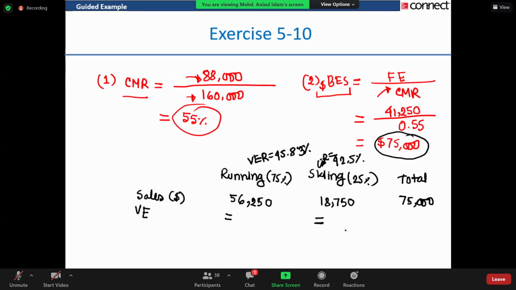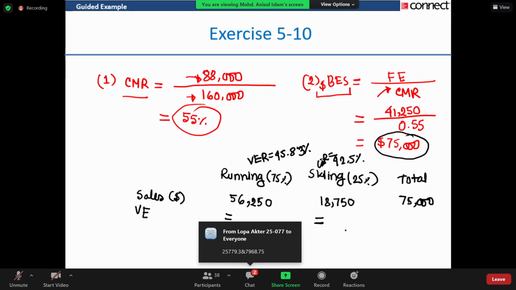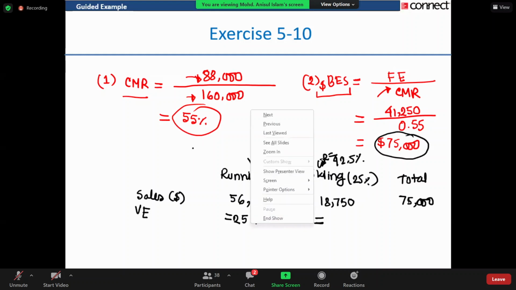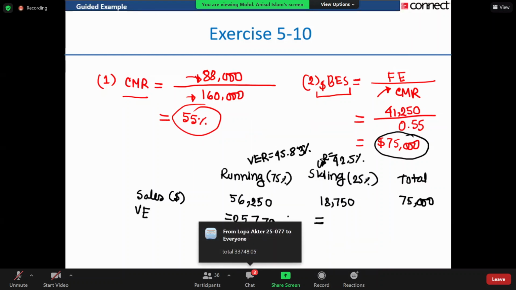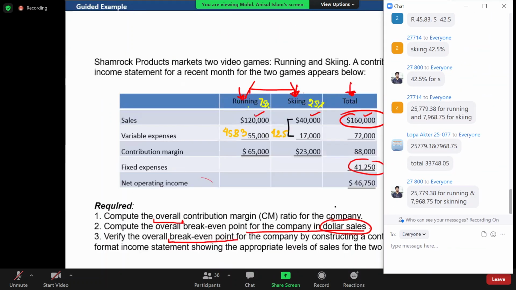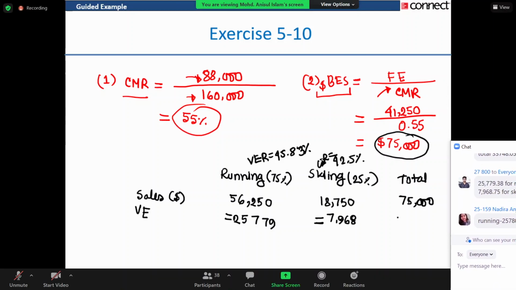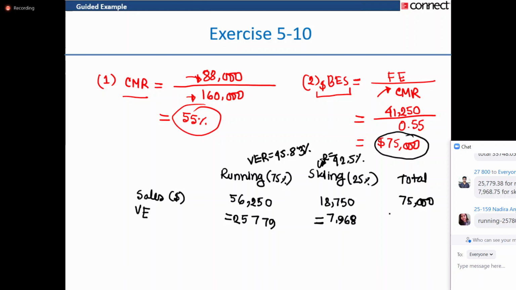I see responses are coming. 25,779 for running and 7,968 for skiing, and you are saying the total amount should be 33,748.